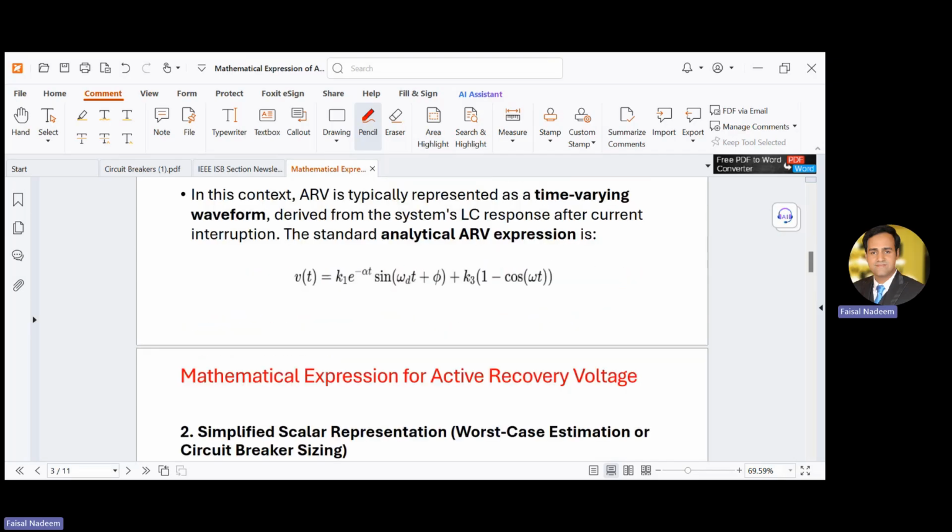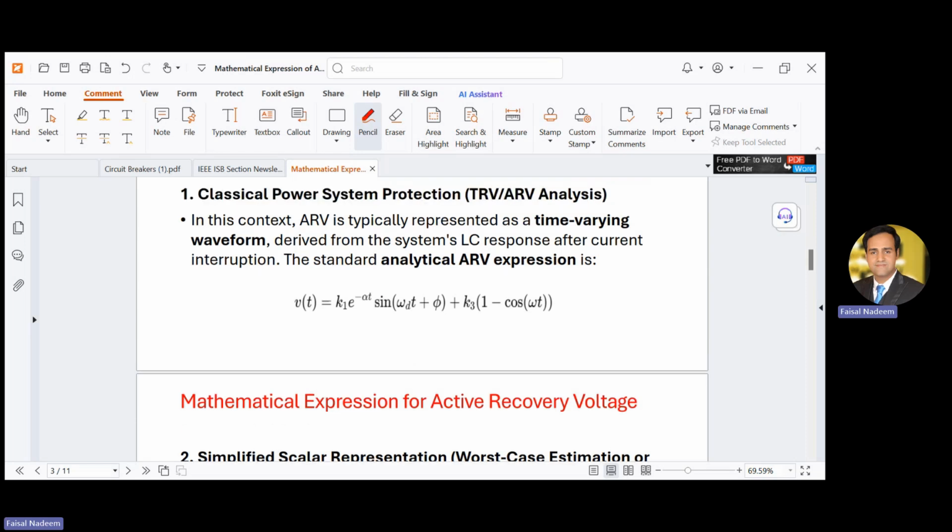The time-varying values are also important and are utilized by researchers, simulations, or power planners, so they can check the response of the circuit breaker at various instants.